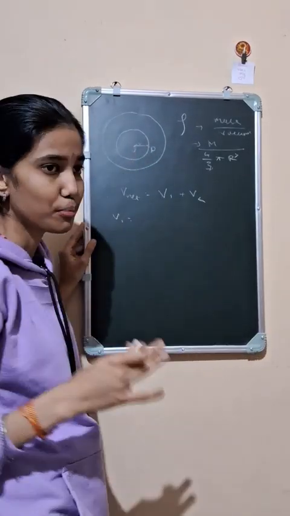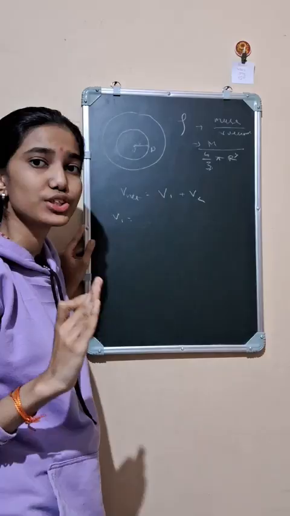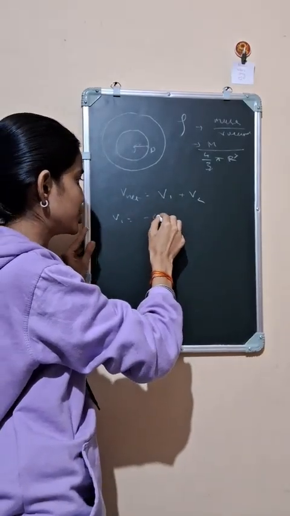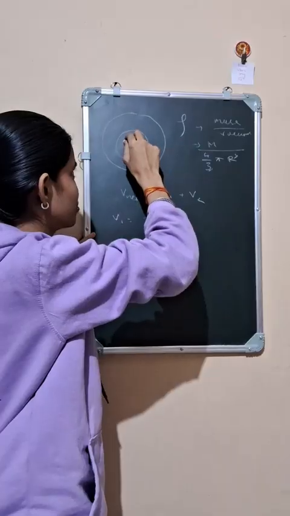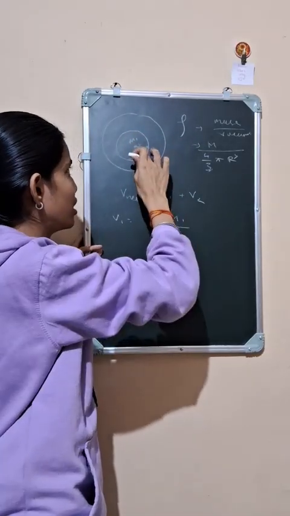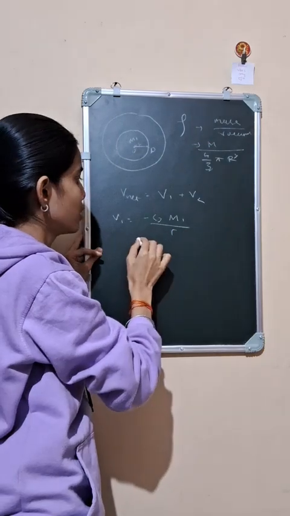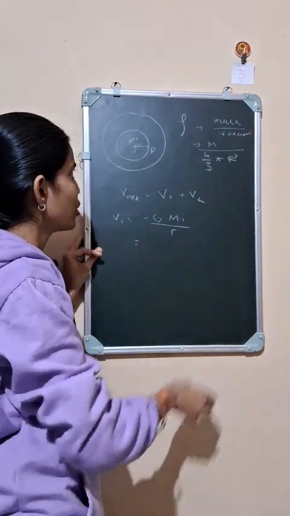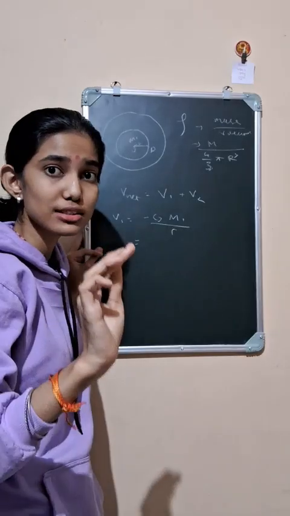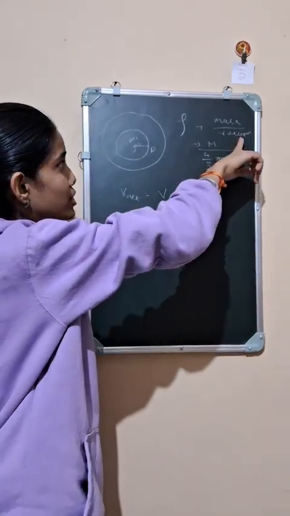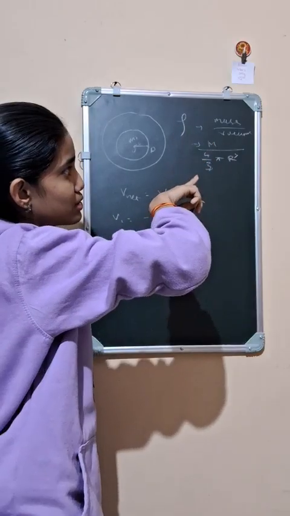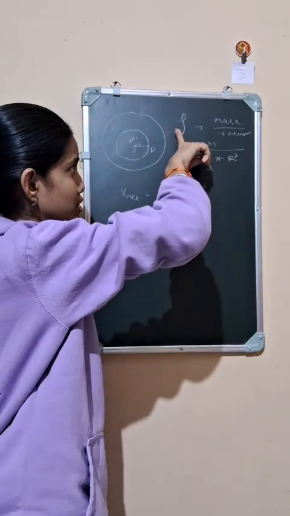We know that for a point on the surface, the potential due to a solid sphere will be minus G, suppose this is mass m1, minus G m1 by r. Here r is smaller. So we want to calculate m1. Here m means volume mass density into volume.